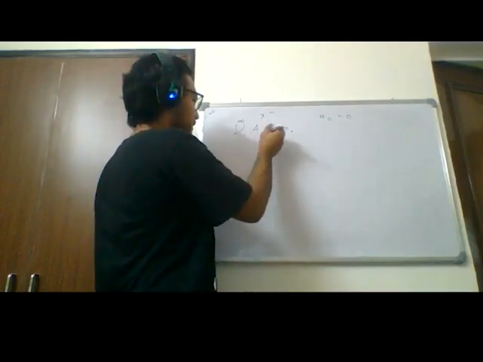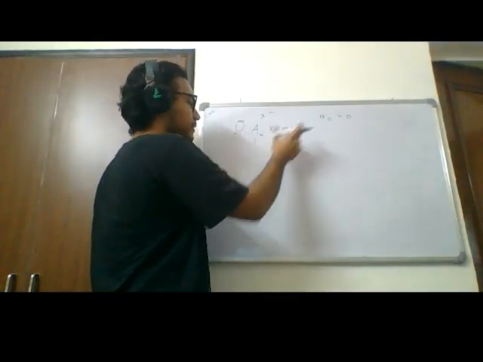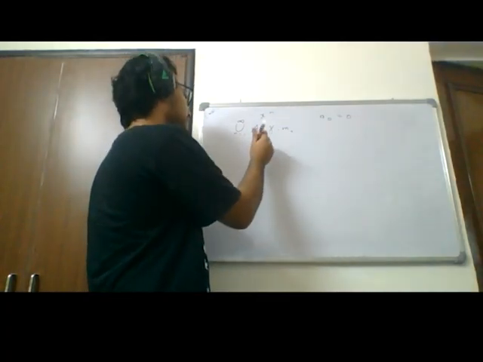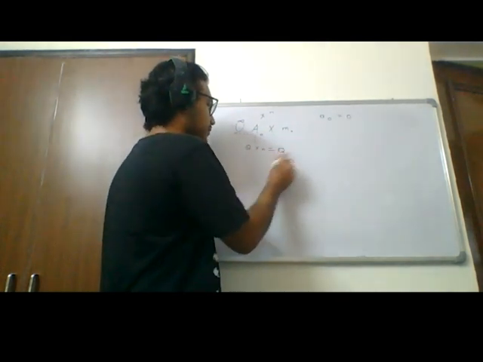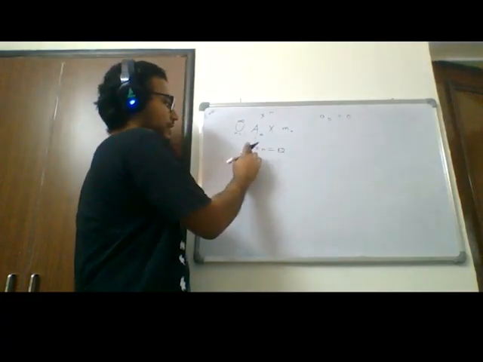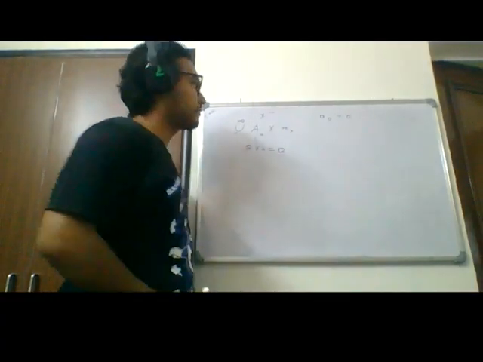So this is the same cardinality as q times n, which is the same as q, or at the very least, it's countable. This is countable, this is countable, this is countable.